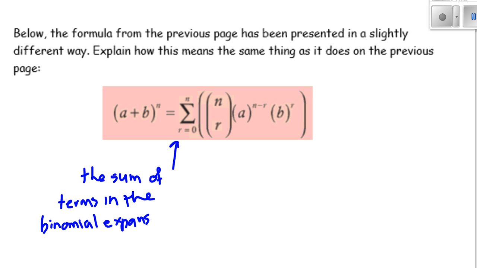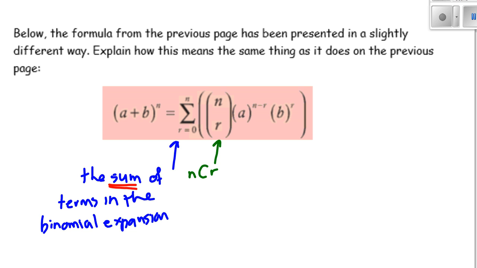So specifically the word sum was important. What does this funny little bracket tell us? What information is that telling us? It might seem obvious, so feel free to offer anything if you think it's obvious. What are we calculating when we're calculating that thing? Oh, nCr. Yeah, exactly. It's nCr, yep.